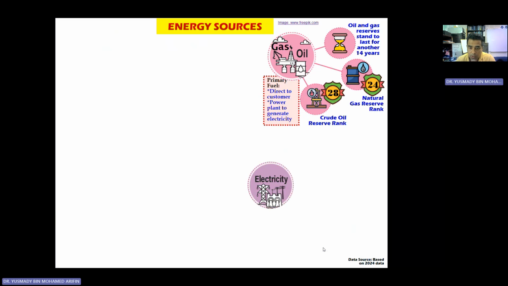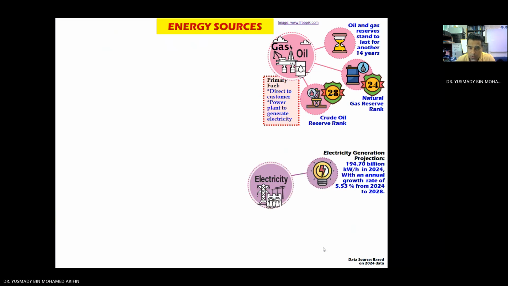Energy source number 2 is electricity. The electricity generation projection is around 194.70 billion kilowatt hours in 2024, with an annual growth rate of 5.53% from 2024 to 2028.